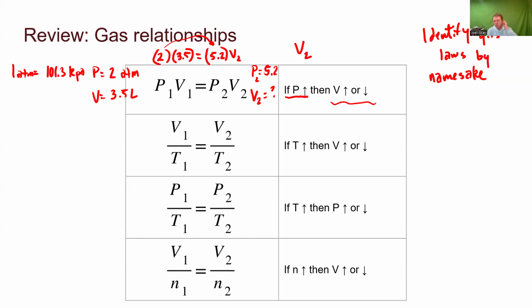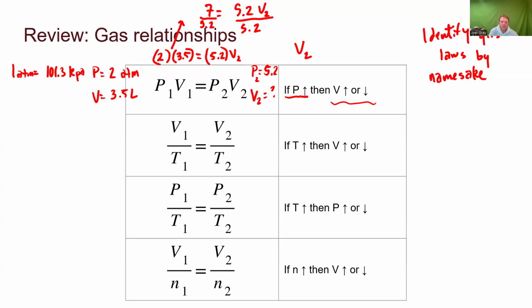Now I've done 2 times 3.5, and I'm going to divide that by 5.2. This is a little different from our poll question, but this is 7 equals 5.2 V2. I'm going to divide each side by 5.2.